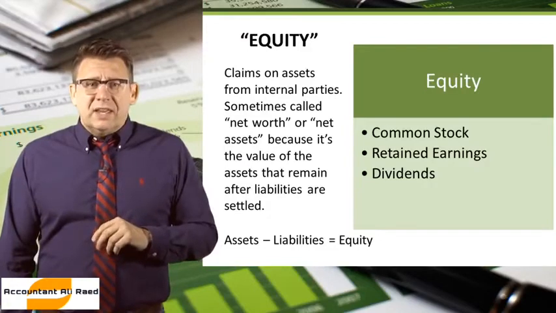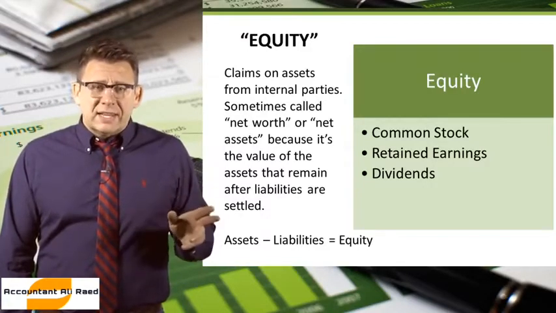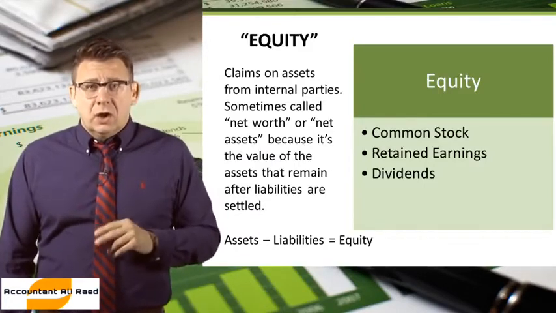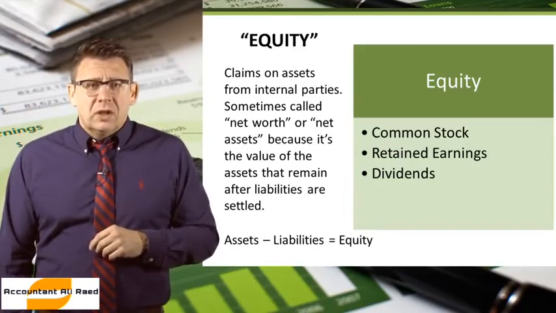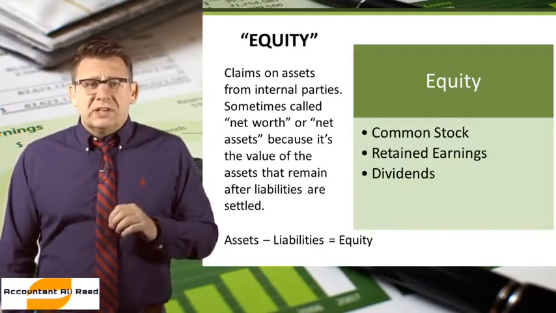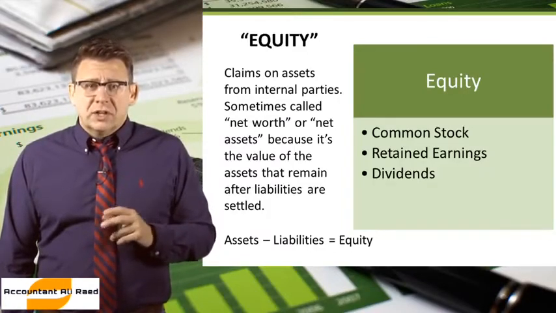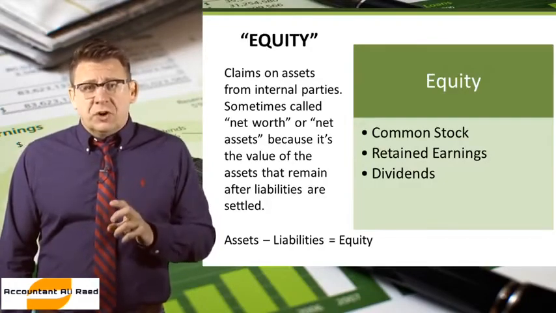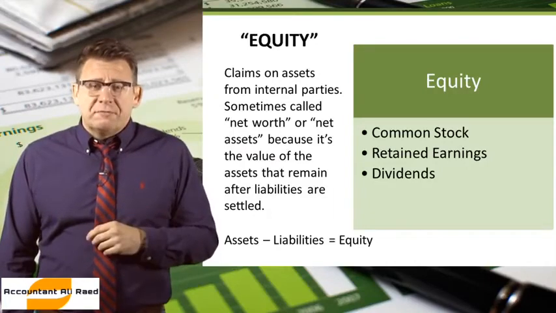You can see the accounting equation can be manipulated to be assets minus liabilities equals equity, or net worth, or net assets. Retained earnings are the amount of earnings the company has retained rather than paid out to stockholders in the form of dividends. Dividends are the amount of earnings the company has paid out to the stockholders as a return on investment.